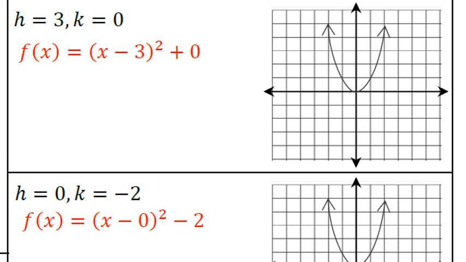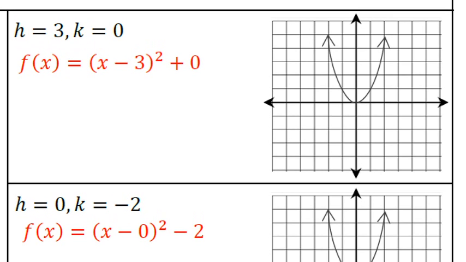All right, let me scroll down a little bit here. Okay, so let's say that we know that h is 3 and k is equal to 0. I'm going to go ahead and write that as a function. Notice we're not talking about a at all here, so a is just 1. H is 3, so in the equation it turns into x minus 3 squared, and the k value is 0.